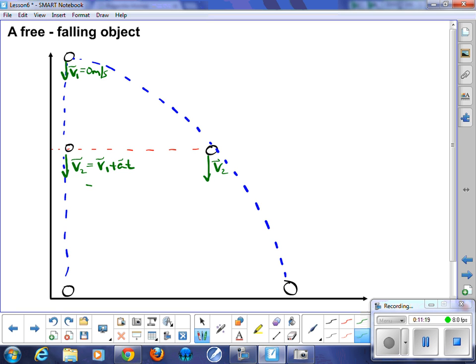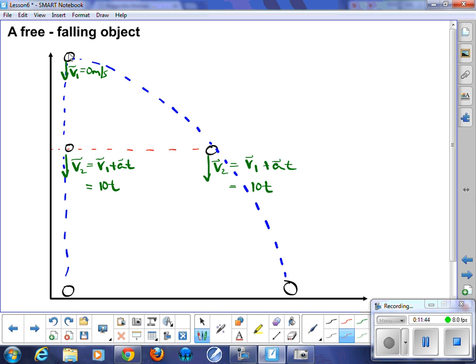V1 was 0, so it would be 10t, however long it fell for. Now, if you go to the other side, the projectile, it's the exact same formula. V1 was still 0 when it rolled off the top there, so it's still 10t. So you can see that the vertical component remains the same all the way through.